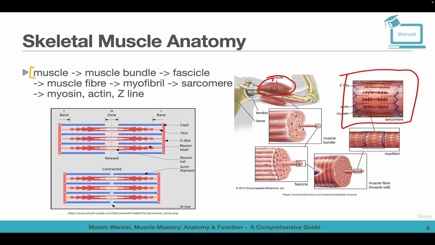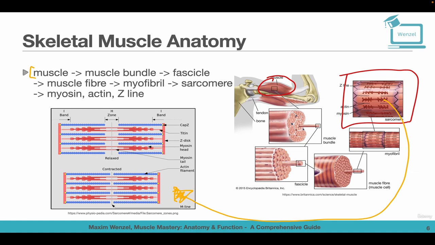So if someone asks you, okay, how is a muscle built? You can say, okay, we have a big muscle, and then you go this way onto this picture, and then we have an image of the very tiny part of the muscle. So this one, as you can see here, is this one.